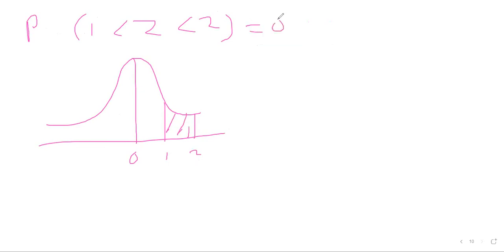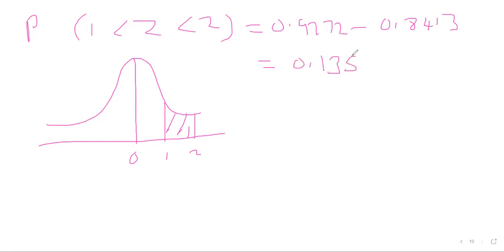The bigger one is the 2. The reading for the 2 is 0.9772. And the smaller one, the reading for 1, is what? 0.8413. Subtract them. What you get is the difference, which is 0.1359.